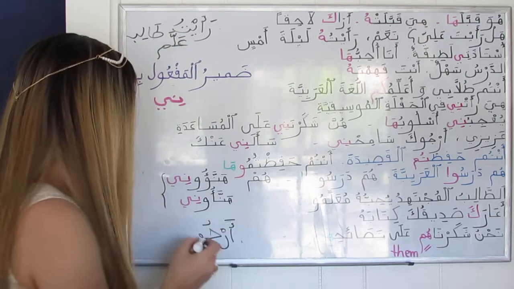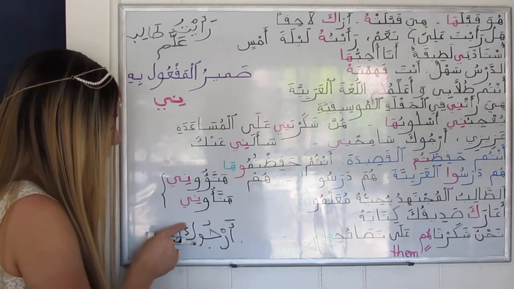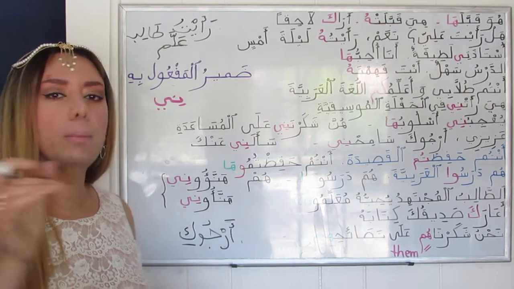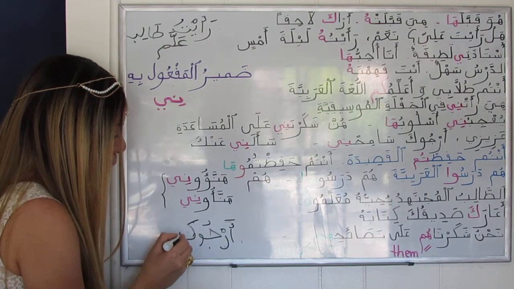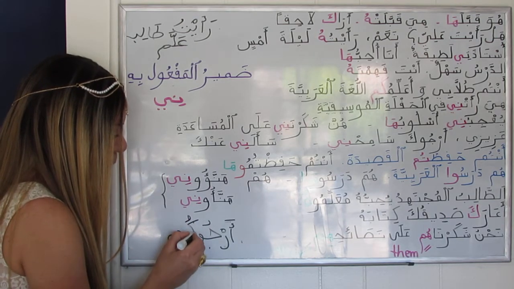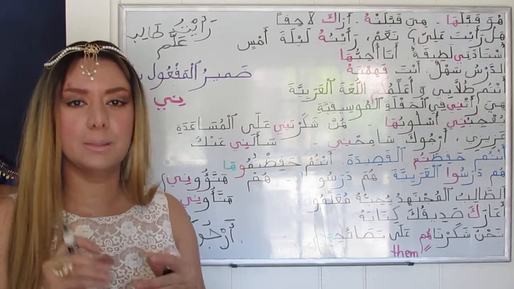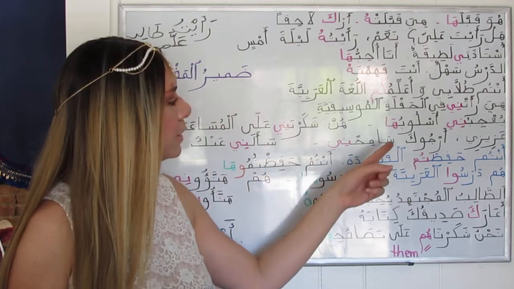I used ka. أرجوك means please. If it was female, ki. If it's second person plural masculine, أرجوكم. This is something extra to know. أرجوكم means please. It's just please, please, please, but you specify with the suffix pronoun.